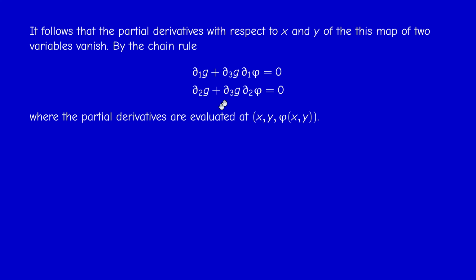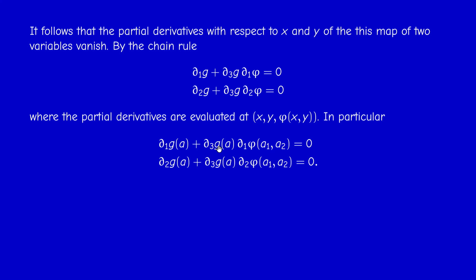And for the second equation, I differentiate with respect to y, so I get a similar relation. And this is true where all these maps are evaluated at the point (x, y, phi of (x, y)). So in particular, when I put x equal a1, y equal a2, I get a3 here. So I get this system of equations: the first partial derivative of g at a plus the third derivative of g times the first derivative of phi at (a1, a2) is 0, and similarly for the second one.